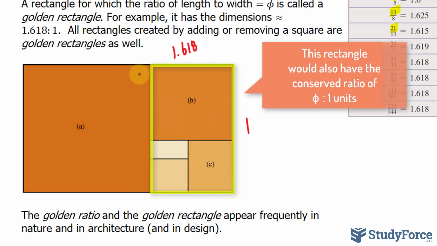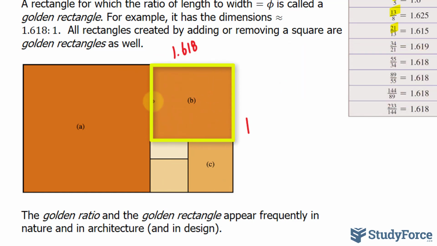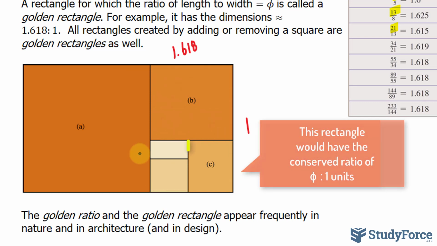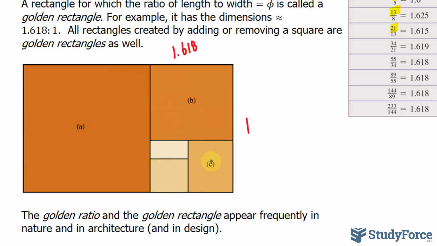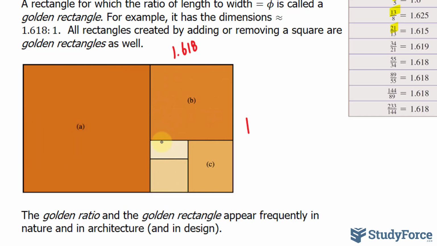A square can also be formed out of this rectangle shown here in B, leaving us with a smaller rectangle. Again, a square can be formed out of this smaller rectangle represented as C, forming an even smaller rectangle. And the same pattern can continue within here.